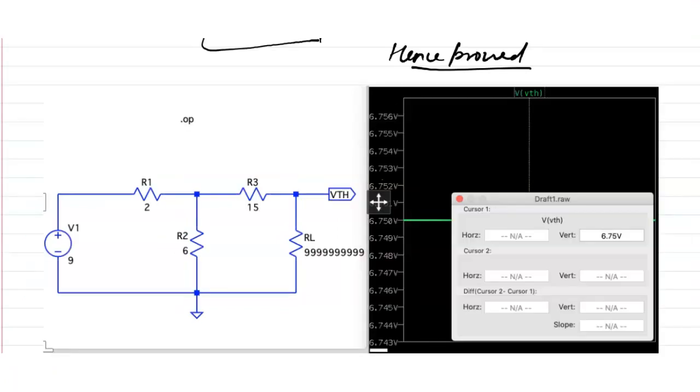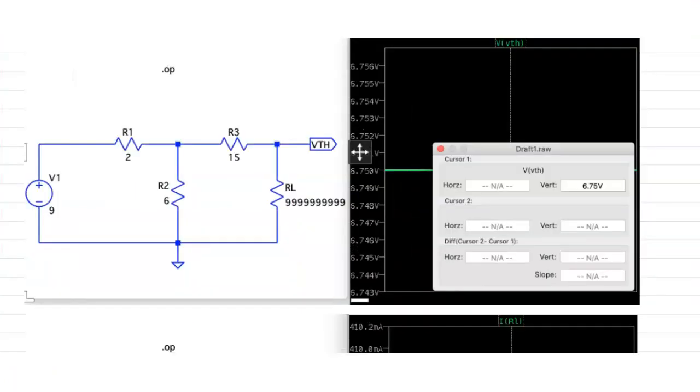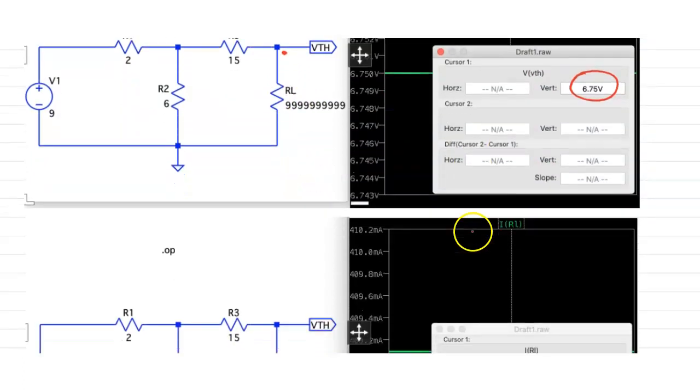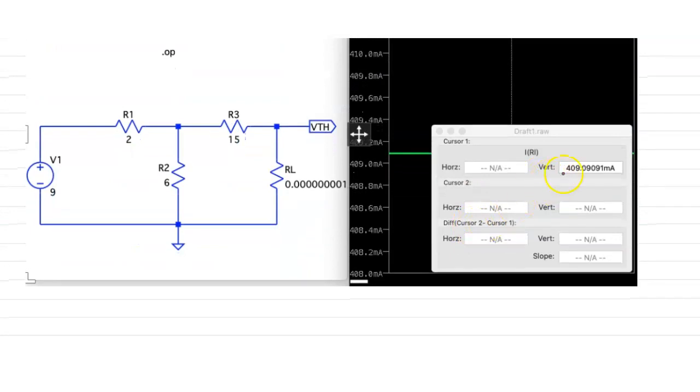So here, experimentally, you have found the value of the Thevenin voltage, which is 6.75 volt and appears at this point, and the short circuit current is 409.09 milliampere.